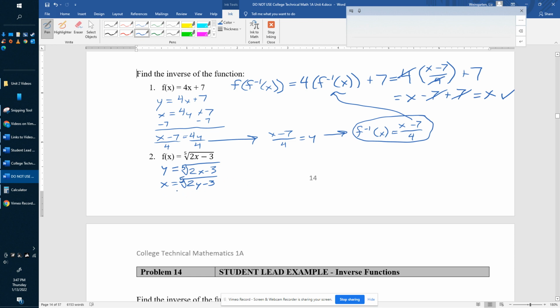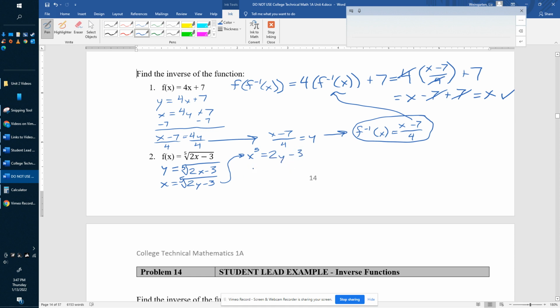So what is the opposite of a fifth root? We will take both sides and put them to the fifth. So we'll have x to the fifth equals 2y minus 3.